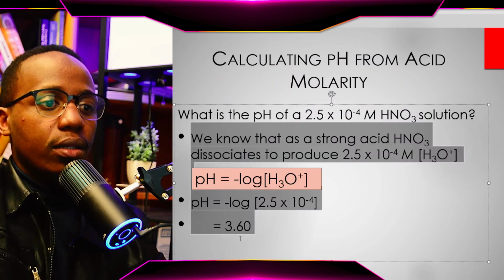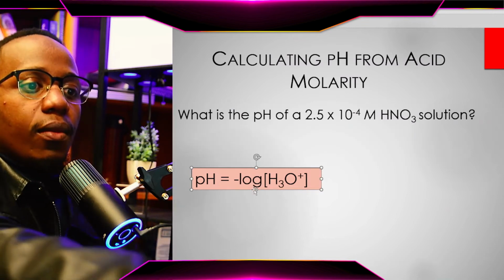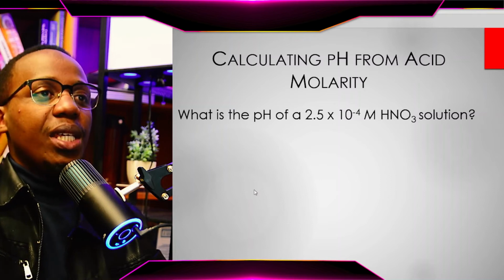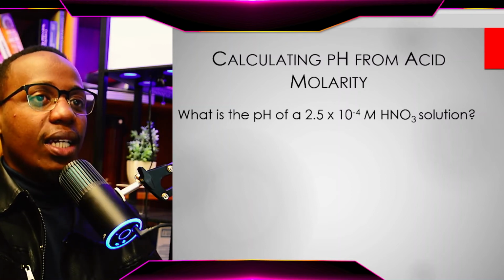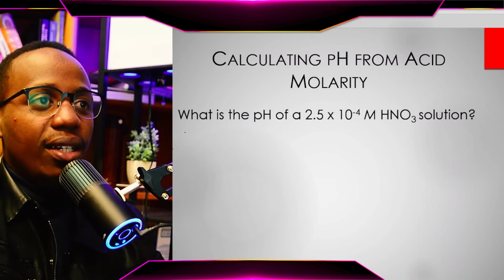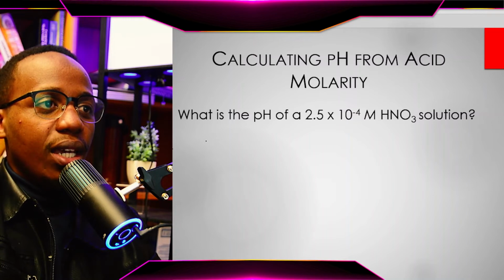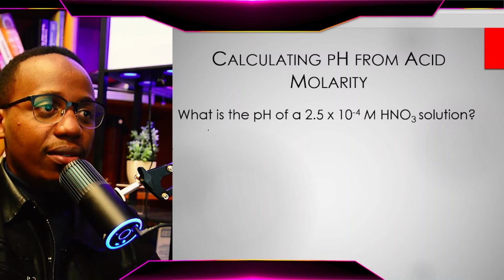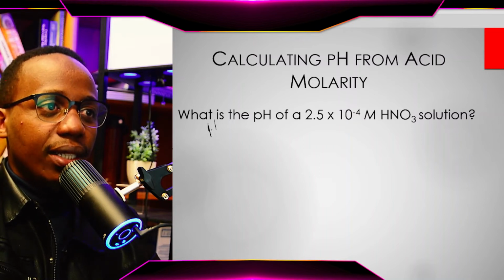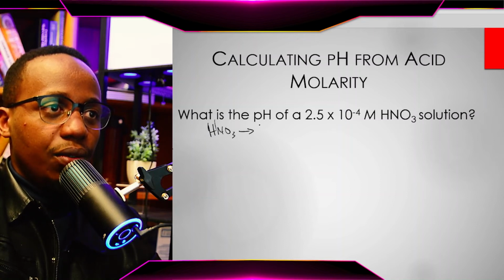All right. So it says, what is the pH of a 2.5 times 10 to the negative 4 molar HNO3 solution? HNO3 is an acid, and HNO3 gives you H plus and NO3 minus.